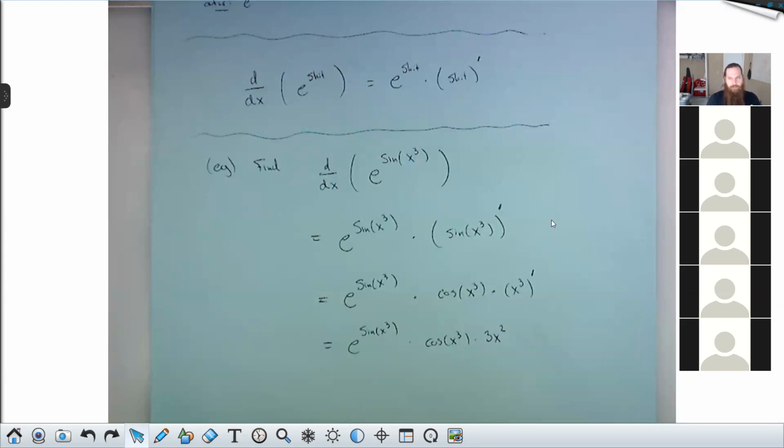I had a quick question about something. Sure, Robert. So the rule is that for f of u, you take the derivative times u's derivative, correct? Yeah, differentiate f, leaving the inside alone, and then multiply by the derivative of the inside, the derivative of u. That's why you're leaving e to the sine x cubed, because the derivative of e is just e.